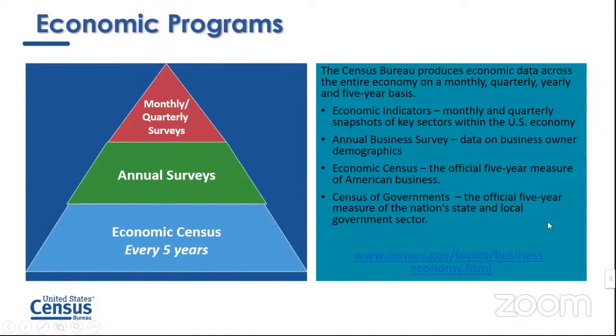And then lastly, on the right-hand side, if you see the last bullet, we also do the Census of Governments. And this is the official 5-year measure of the state and local government sector, which basically gives you information on how the local government is spending its money, how much it has collected, and some employee information in terms of retention, so on and so forth. Okay, so lots of information from the economic programs.